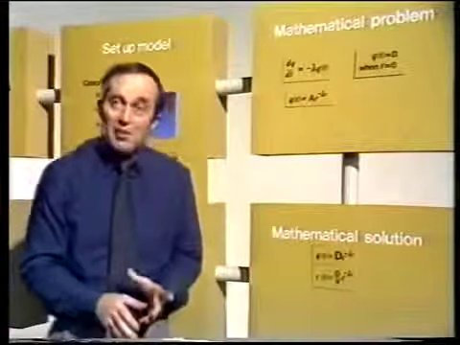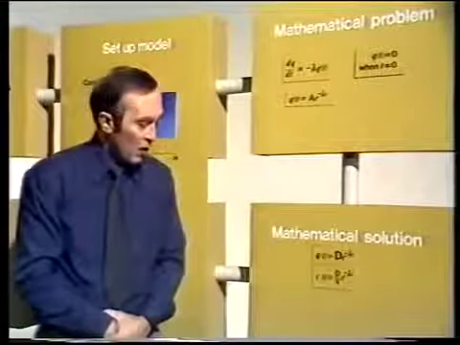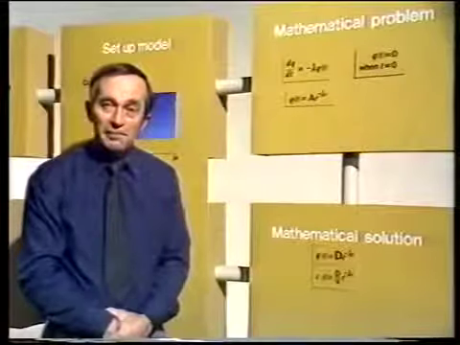Well, the first step in comparing it with reality will be to look graphically at the way in which C varies with t. If we start with a concentration of 10 milligrams per litre, then as time passes, the concentration falls like this. It's exponential decay. If the concentration starts at 20 milligrams per litre, though, then this is what happens.